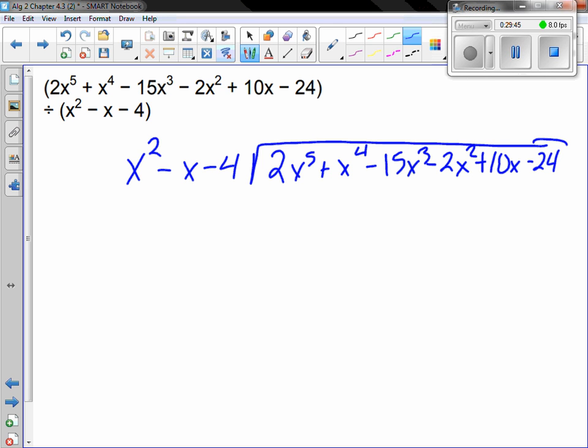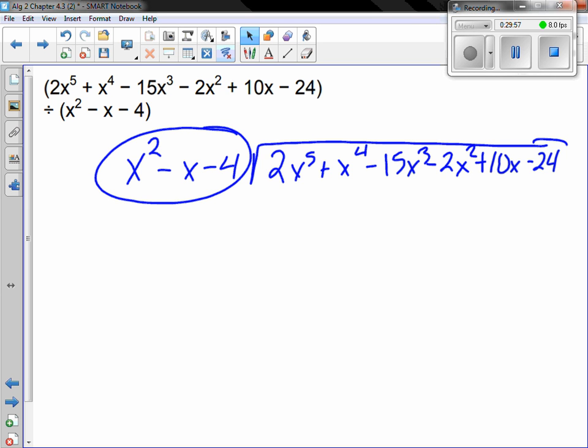Is there anything wrong with doing it by synthetic division? No. But there's just a lot to keep up with. There's a lot to keep track of. So if what we're dividing by has a power greater than 1, so it's a quadratic or higher, I would stick with long division because it's going to work easier than synthetic.